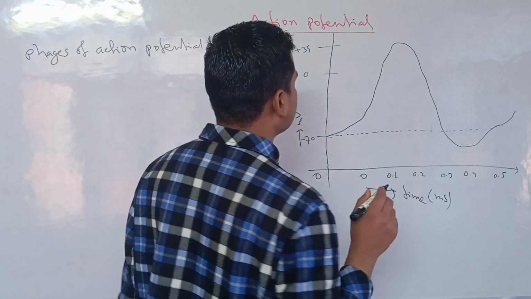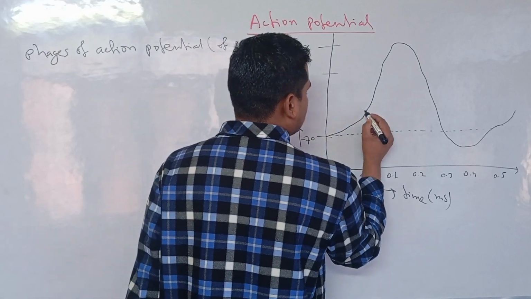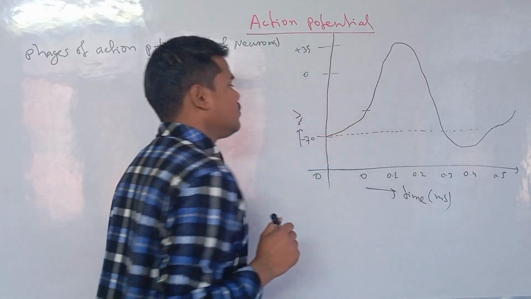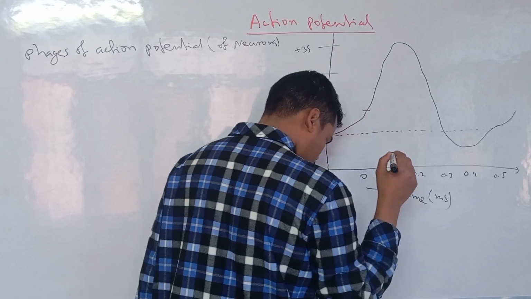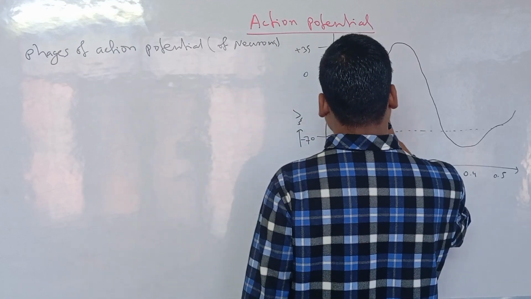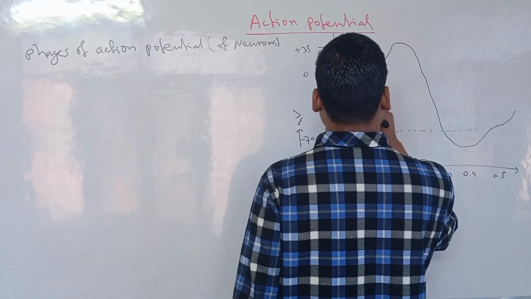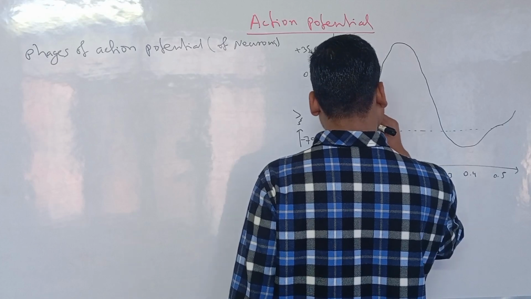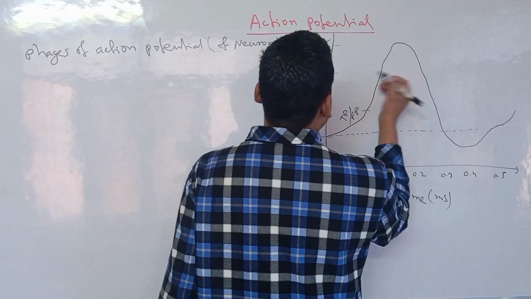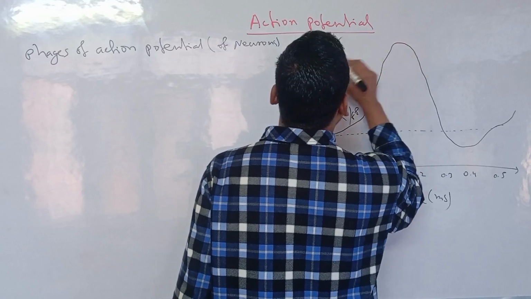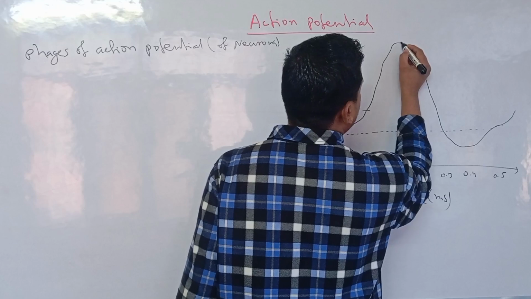What I want to show here is that, let us suppose somewhere here is the threshold potential, or you call it the firing potential. Here is 0 and here plus 35 millivolts equivalent.